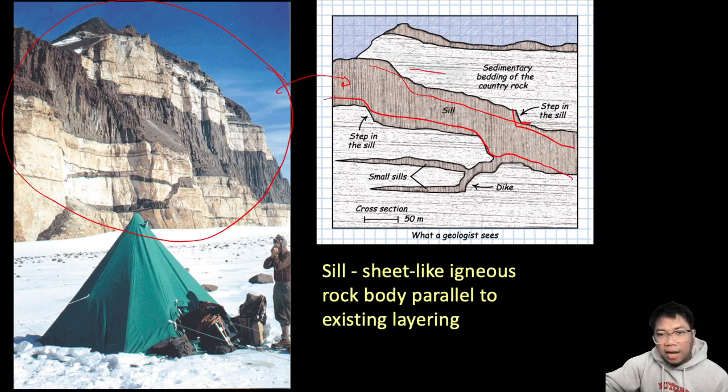Here I have sedimentary beddings, sedimentary layers. And down here I have another sedimentary layers. Most of the sills are generally parallel to the sedimentary layers, and that is the reason why we call this body of igneous rocks a sill.